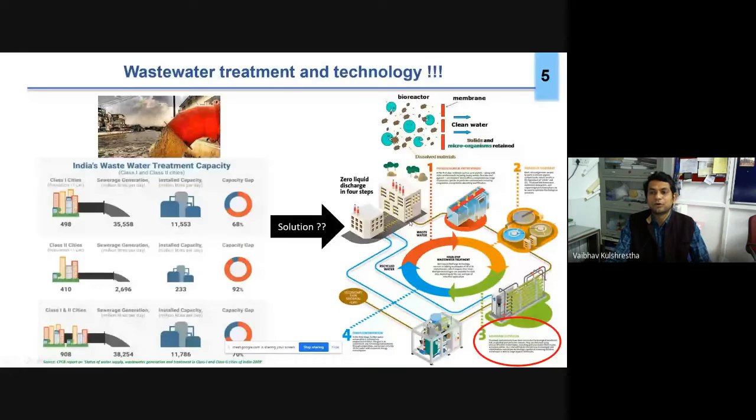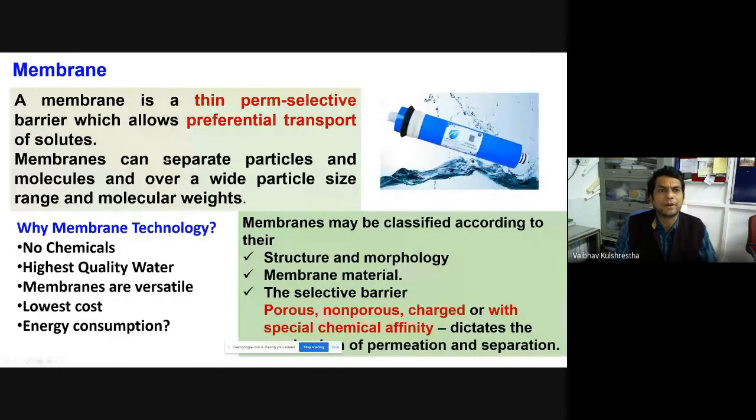From the last slide, you can see the membrane filtration, so I just come to the membrane. What is a membrane? A membrane is a thin selective barrier which allows the preferential transport of solutes. A membrane can separate particles and molecules over a wide particle size range and molecular weight. In our daily life we are using different types of membranes.